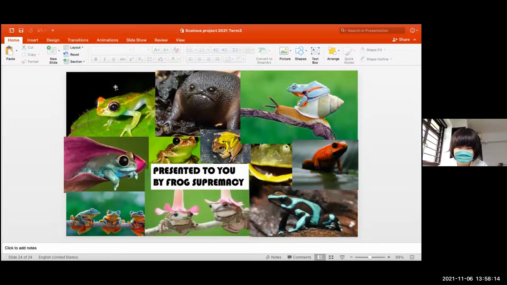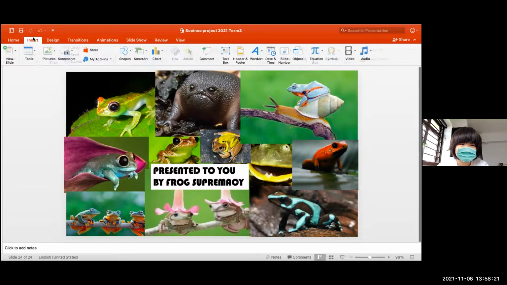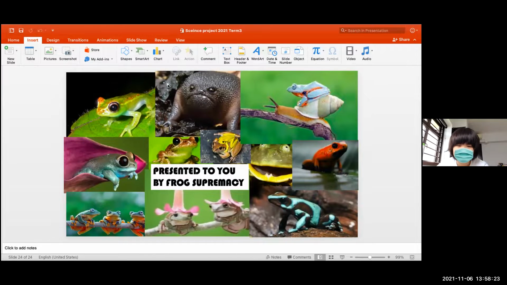Yes. Stop. So you go to insert. Can you see audio? Yes. This one. Can you press audio?